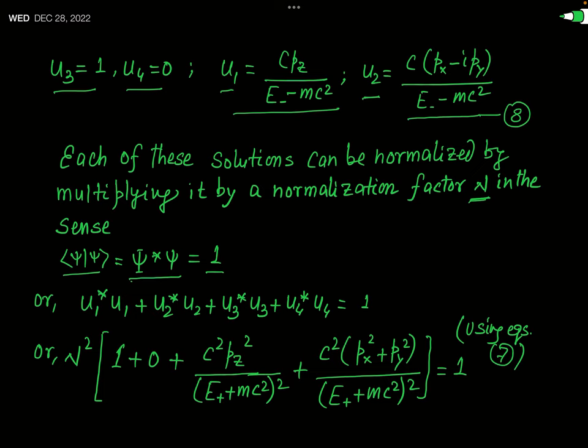Now, as you know, this psi actually has four components, psi 1, psi 2, psi 3 and psi 4. Corresponding to those four components, the number u also has four values, and those are u1, u2, u3 and u4.